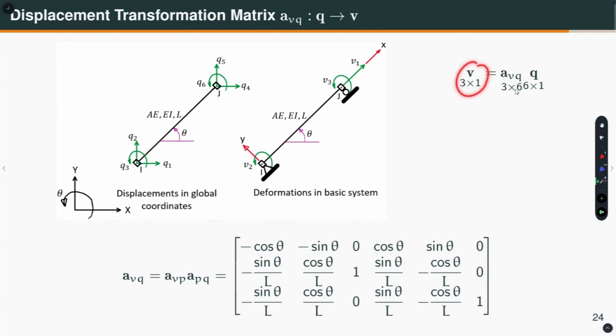So, V is AVQ into Q. What is the size of AVQ? It is 3 rows and 6 columns. Why? Because as I have shown here, Q is 6 cross 1, V is 3 cross 1. So, this must be 3 cross 6. Okay.